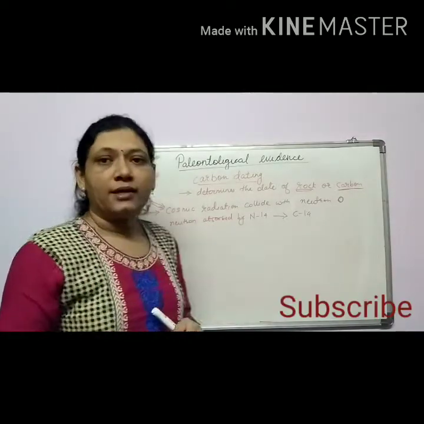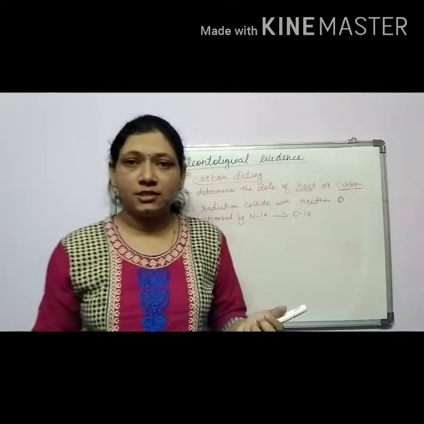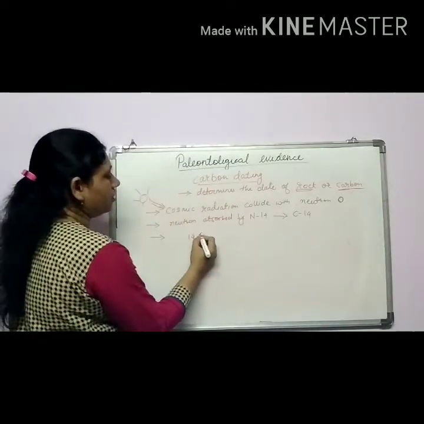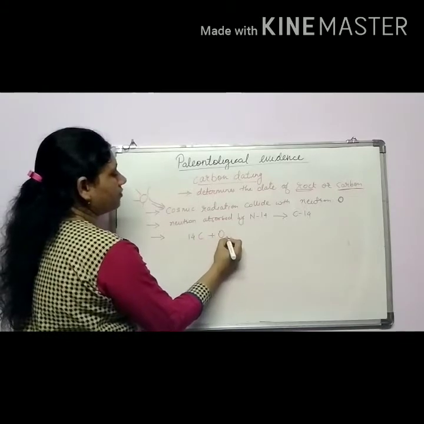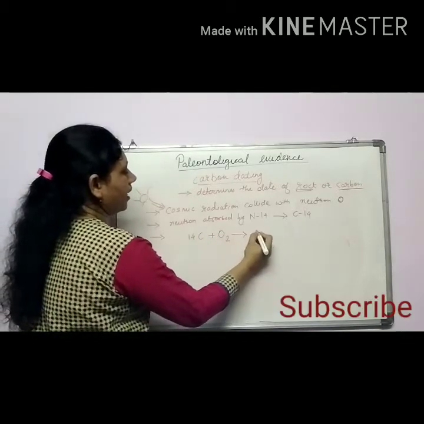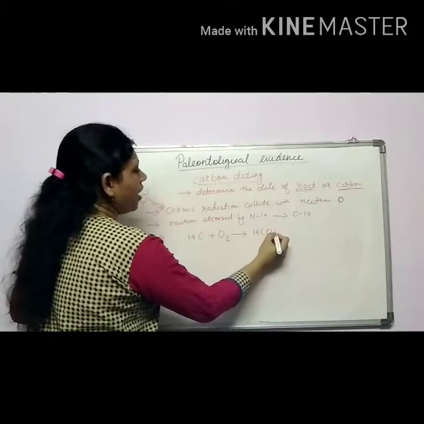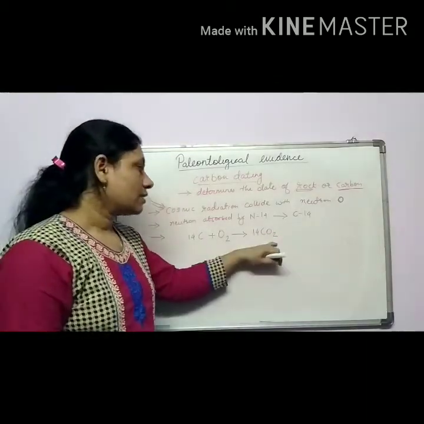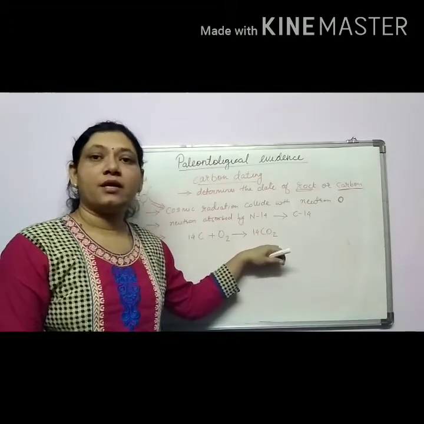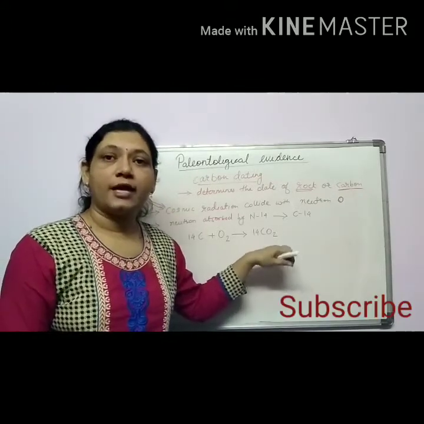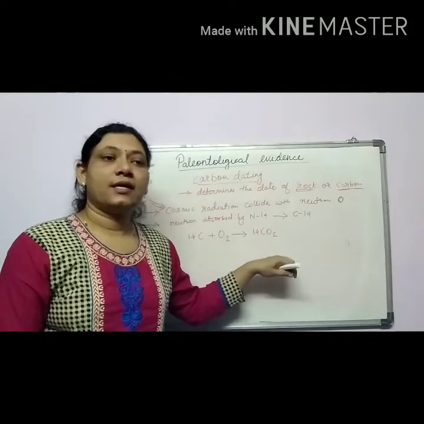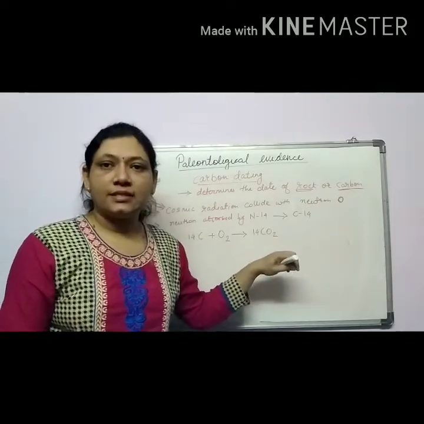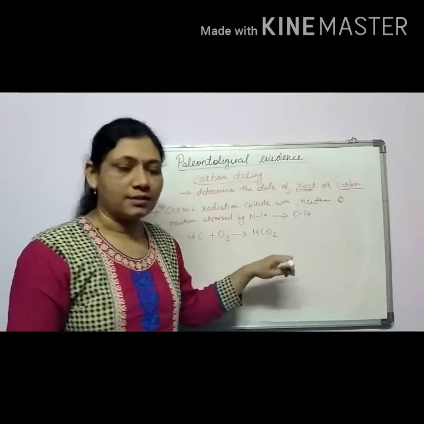You know that in the atmosphere there is oxygen, so this carbon reacts with oxygen and carbon dioxide is formed. Okay, so this carbon dioxide is very important for the atmosphere because it is an essential byproduct for photosynthesis of plants.